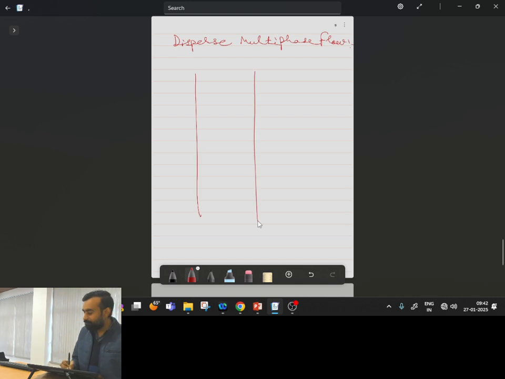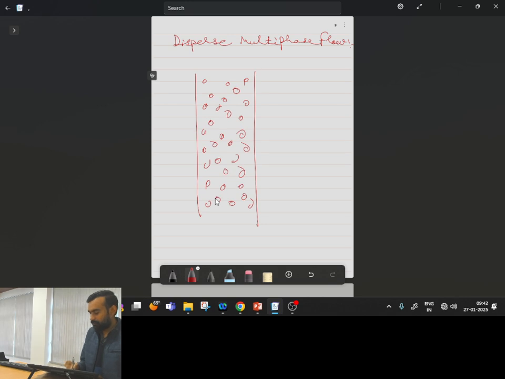Say I have a tube. In this tube I have some particles which are distributed within the continuous phase. So this will be nothing but a dispersed flow. Okay. So these are particles.